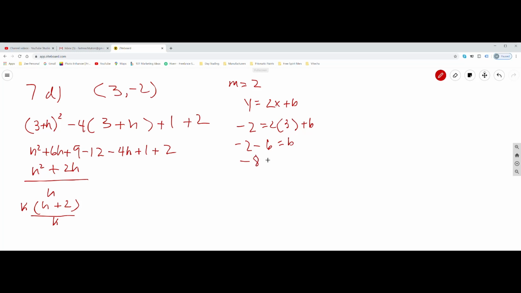Negative 8 equals b. Y equals 2x minus 8. That's the equation. Now let's do the next one.